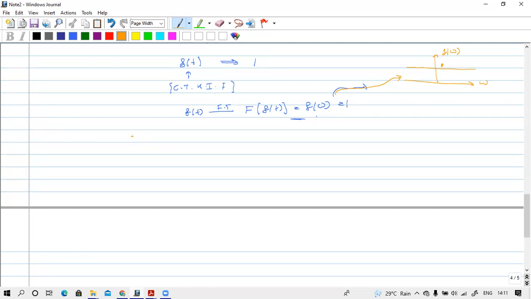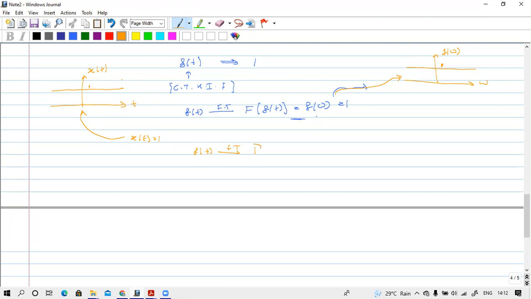Here you have x(t) equal to 1. If you draw the x(t) function, now in the time domain, it will look like this. So this one and this one are identical, and you can use the duality property here. You know the Fourier transform of delta(t) is 1.